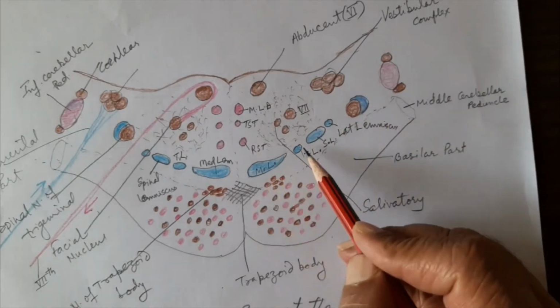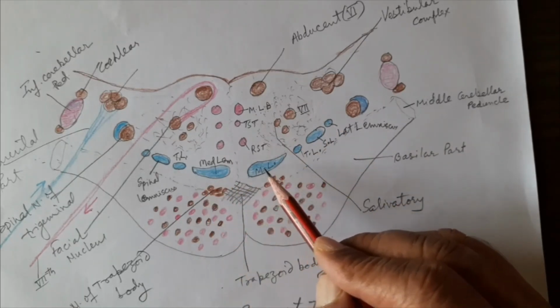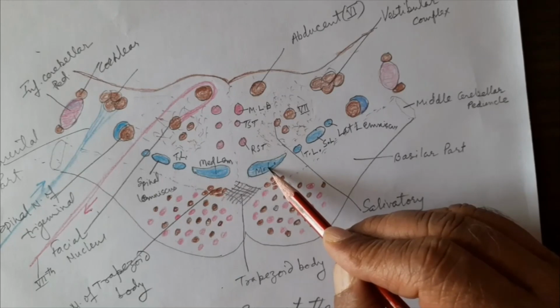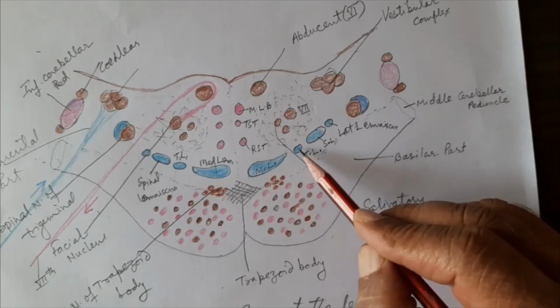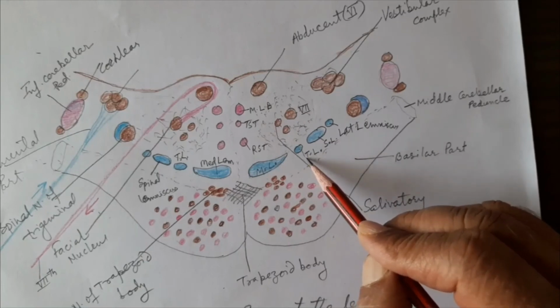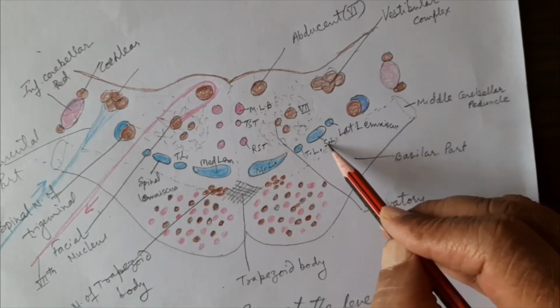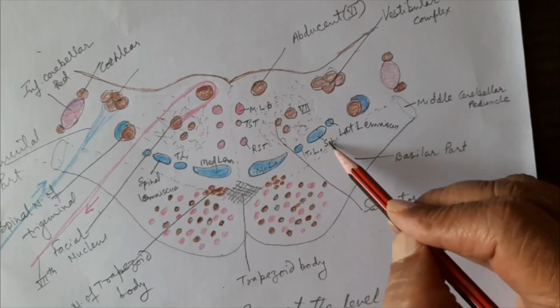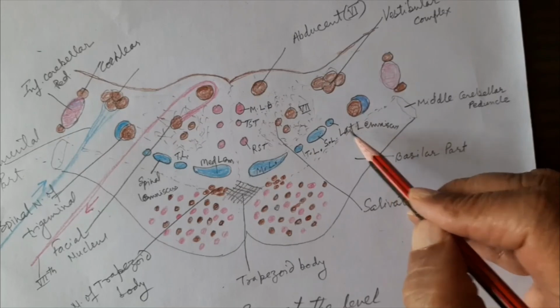So how many lemnisci are here on either side? Medial lemniscus, proprioceptive conscious fibers; trigeminal lemniscus, pain, touch and temperature fibers from the face; spinal lemniscus, pain and temperature fibers from the opposite half of the body; and lateral lemniscus, the auditory fibers.